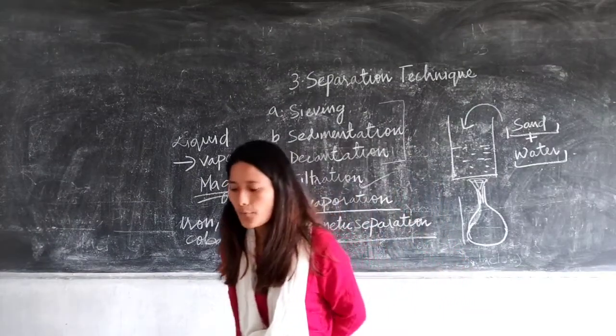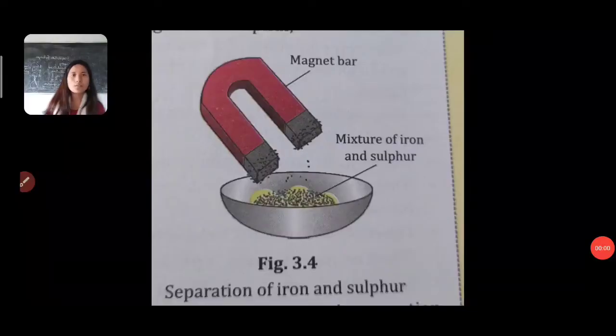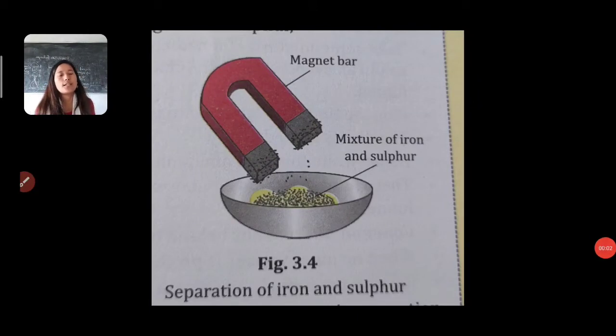We will go through one more experiment. So another method is magnetic separation. Here we will discuss one simple experiment. You have a sulfur and iron mixture, and like I told you, iron is attracted by a magnet. So if you bring a magnet near that mixture, what will happen?